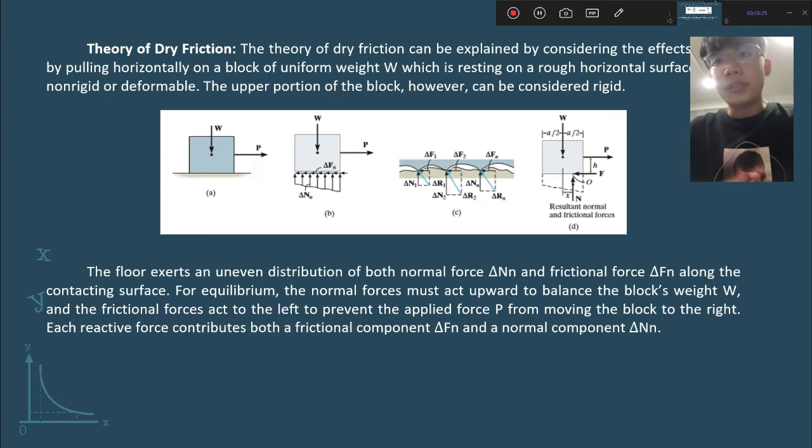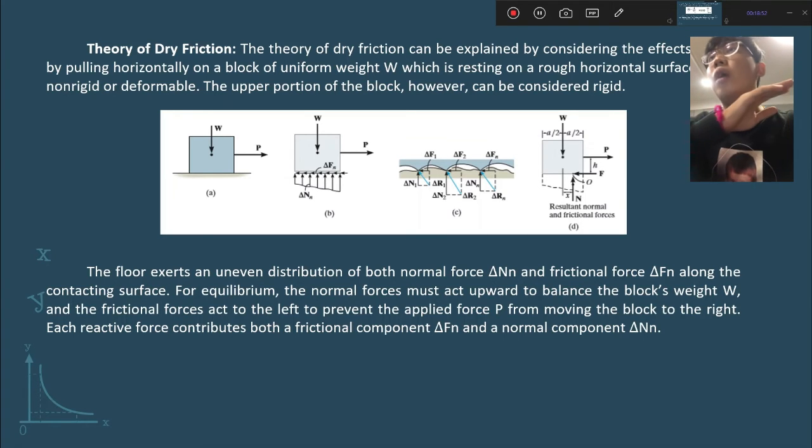So moving on is the theory of dry friction. The theory of dry friction can be explained by considering the effects caused by pulling horizontally, on the x-axis, on a block of uniform weight.